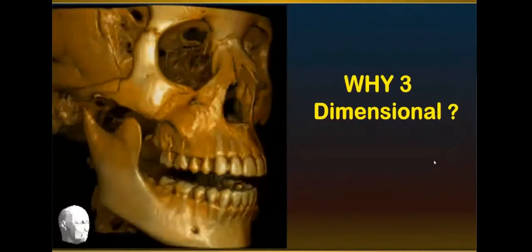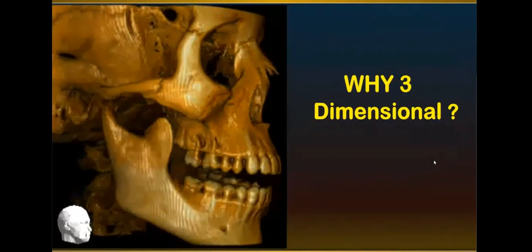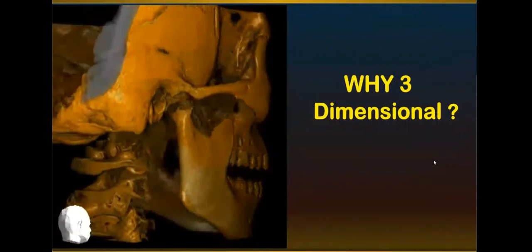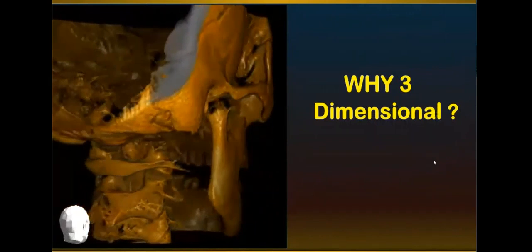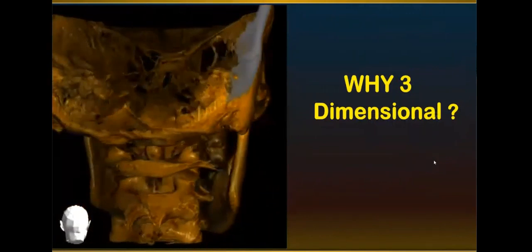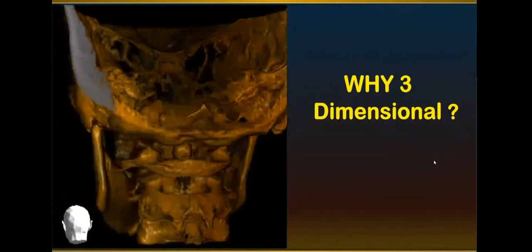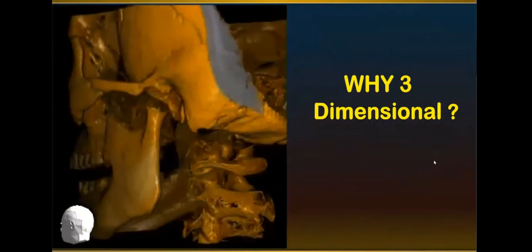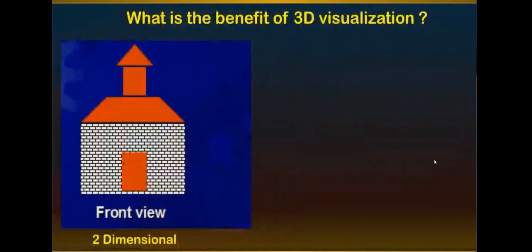As I mentioned in the beginning, the most powerful value of CBCT is that it gives 3 dimensions in one-to-one correspondence. So what is the value of having the data of the patient in 3 dimensions? Imagine we have a house and we are seeing it from the front view, and this is the only view you check this house from.